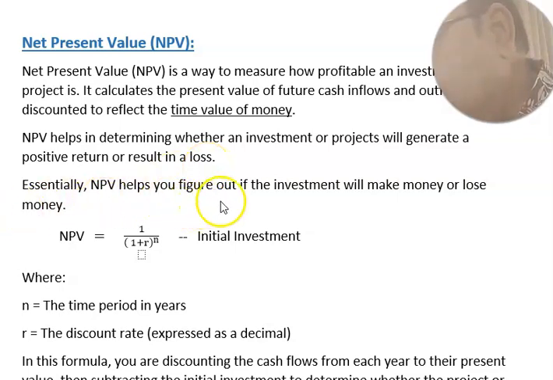So before starting any project or any investment, the owner will see whether the project is profitable or a loss to him, so he calculates the net present value.